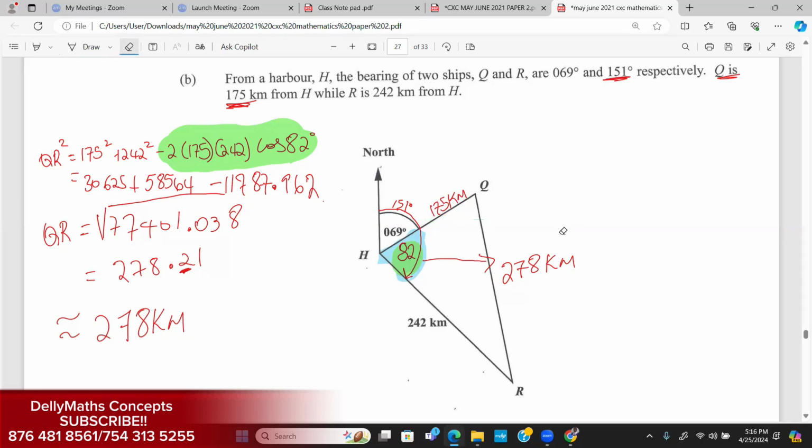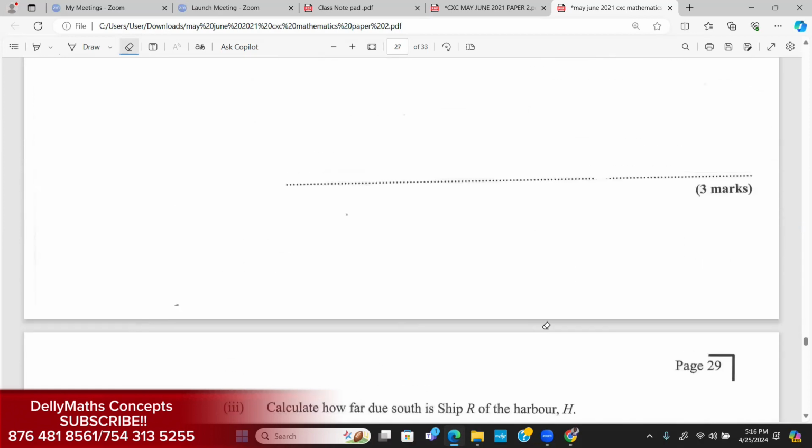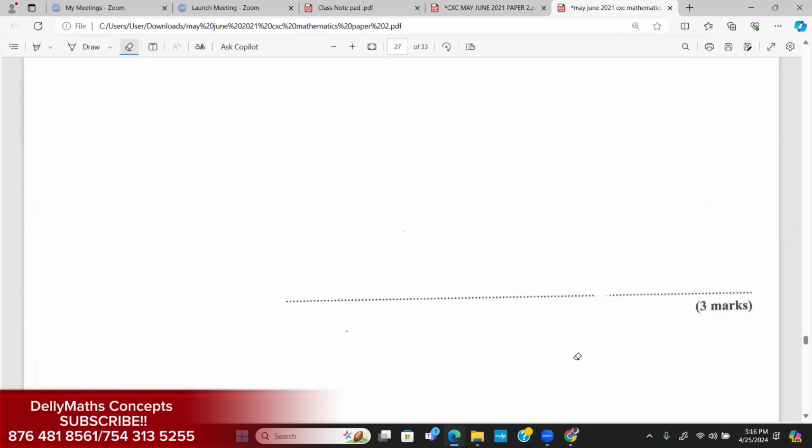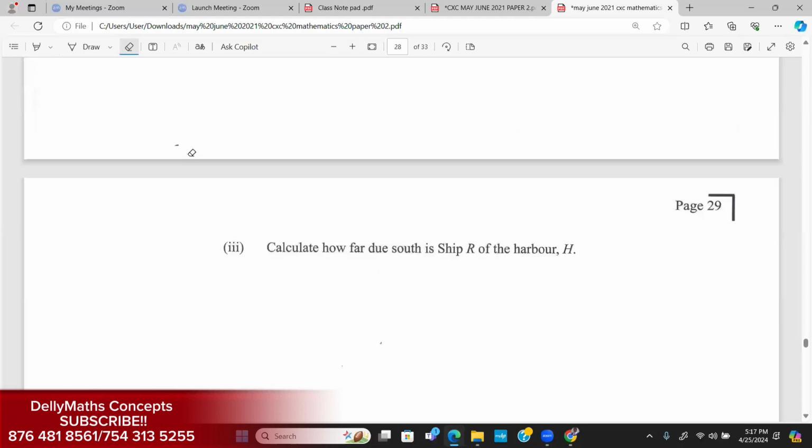All right, now let's see what the other question is about. The other question says calculate how far due east the ship R is from the harbor H. So when we say due east now, we're thinking of traveling.